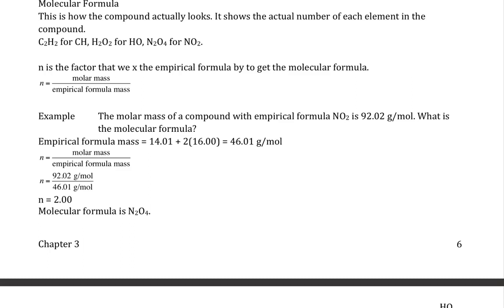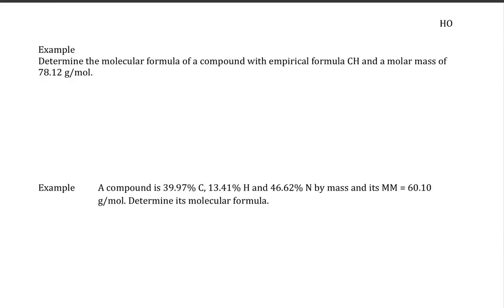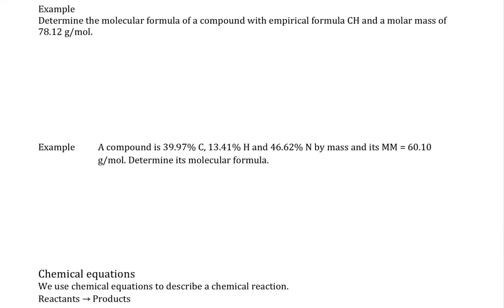So we have 92.02 grams per mole over 46.01 grams per mole, and we get the number 2. So the compound is really twice as big. It's really N2O4. So here's an example for you to work with, to come back to later, actually 2 examples.